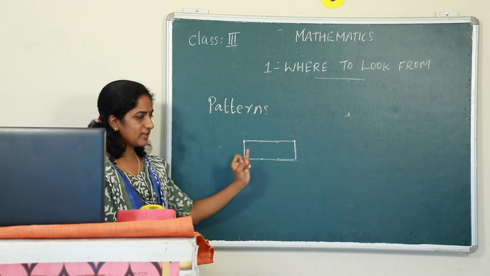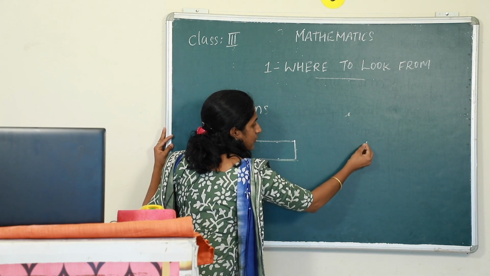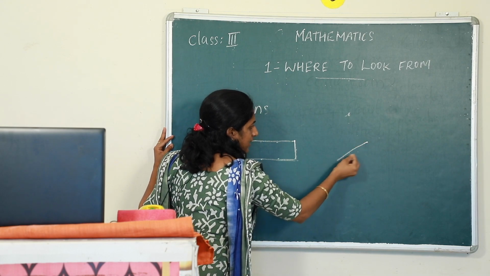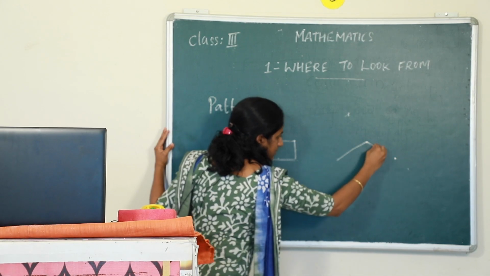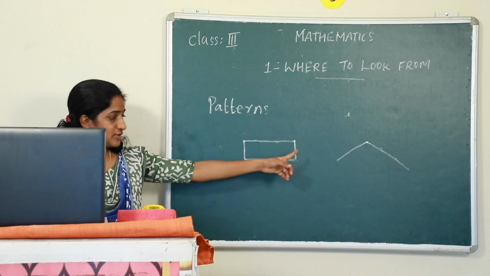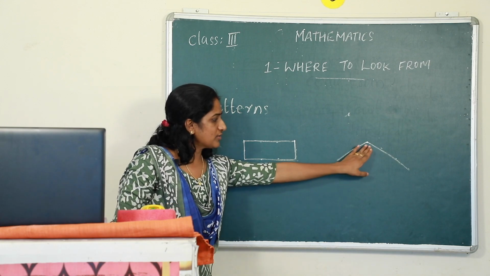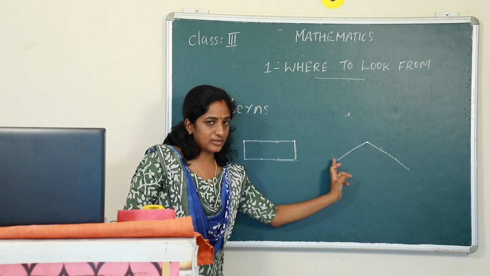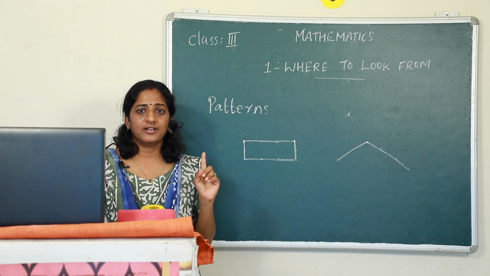Now children, look at the second figure. In the second figure, 4 dots are joined to form a line like this and here also 4 dots are joined to form a line like this. So 2 sides are equal, so the other 2 sides also should be equal.